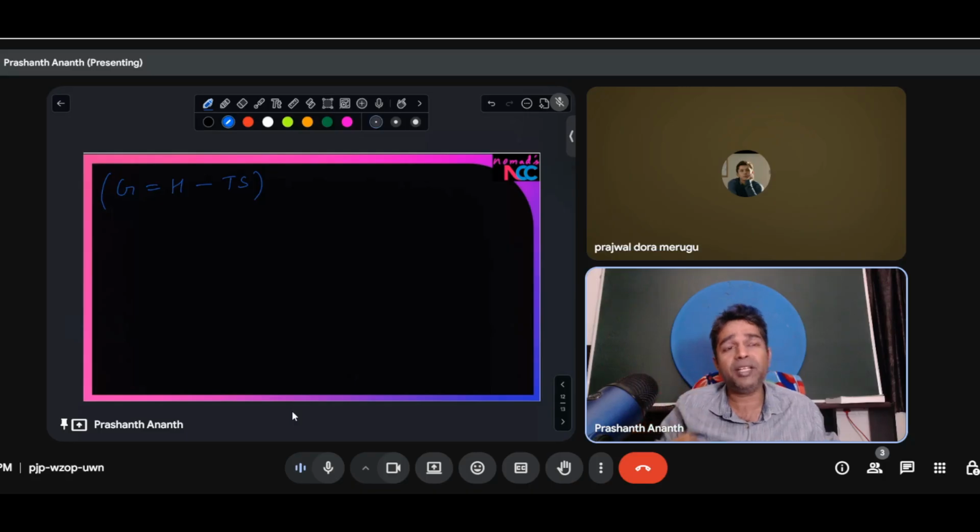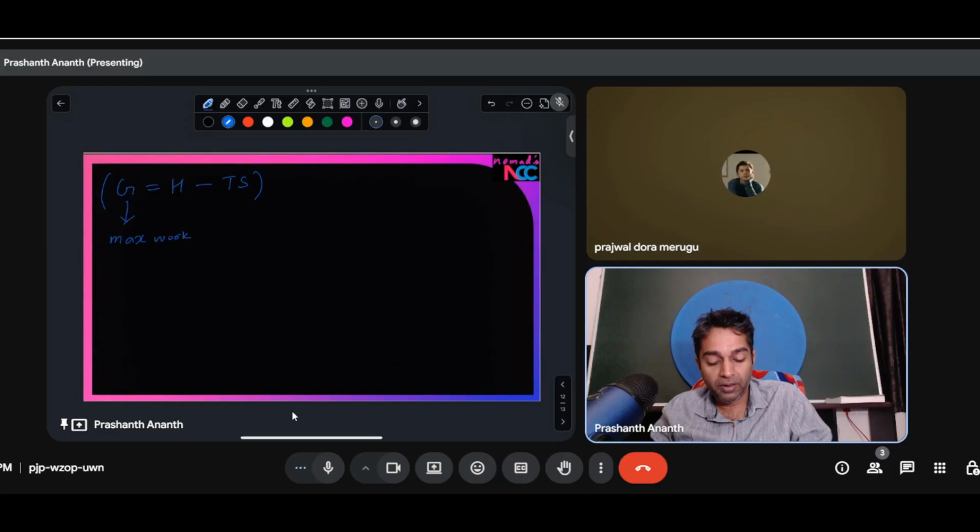Is this the best amount of energy I can expect from the engine? That is basically the question which was being thought about at that particular point in time. So what they wanted was something which will basically be a mathematical representation of the maximum work this system can do.